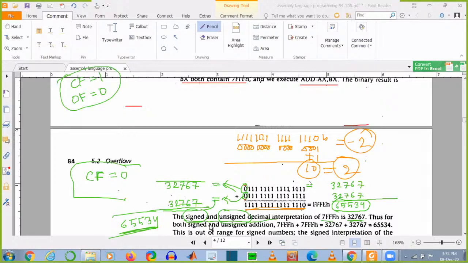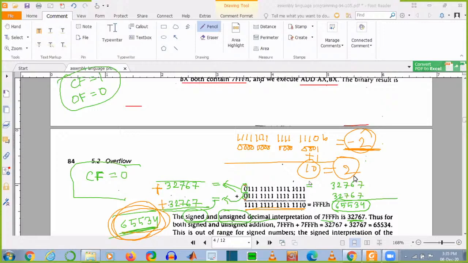But the result is not actually -2. Result is basically 65534 in sign also. Because these two are positive sign numbers. But you get result negative, -2. How on earth is it possible that result is -2 if you add two positive numbers?